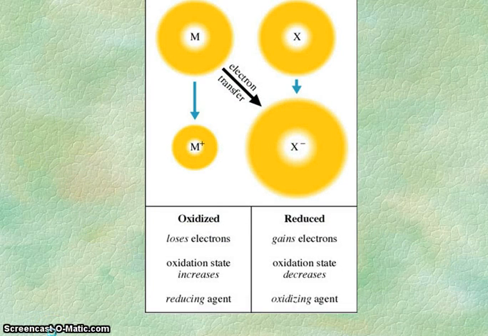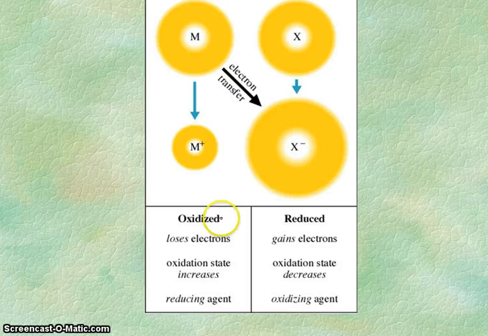So here's a little graphic to sum this up. If we have a metal M and a nonmetal X, the metal is going to lose electrons and become a positive ion. That electron is going to go to the nonmetal, which is going to gain electrons.